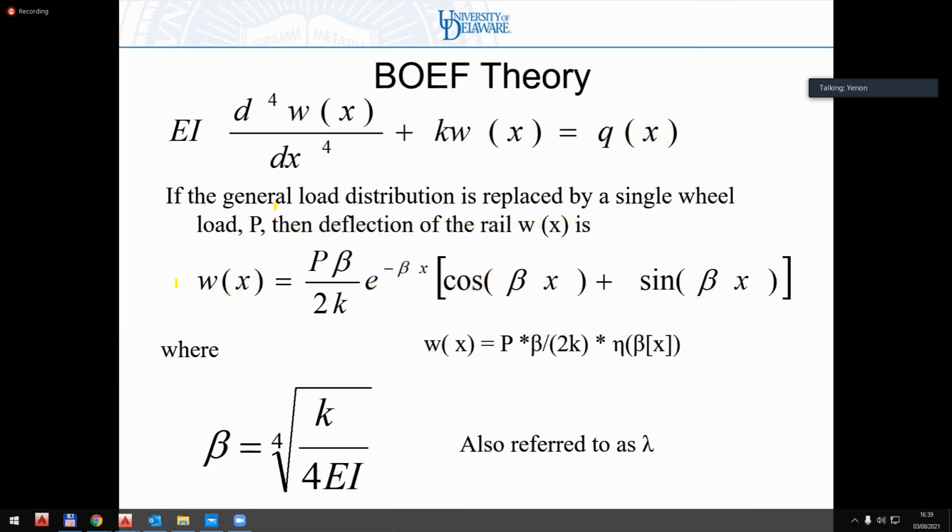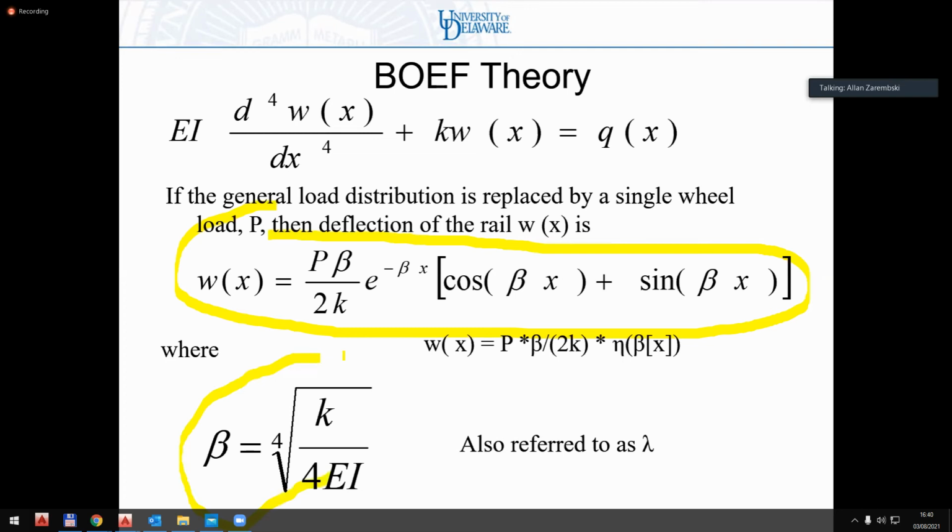Can you please repeat what beta is before you continue? Beta is this, right over here. It's just the fourth root of k over 4EI, where k is not some kind of a force.